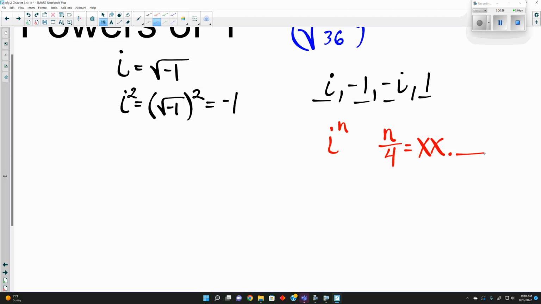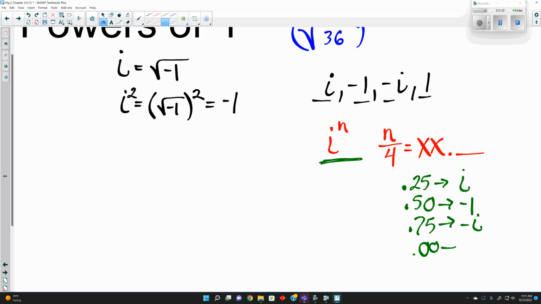Now, if you get a decimal of 0.25, this i to the n is going to reduce to i. If you get a decimal of 0.50, you're going to get -1. If you get a decimal of 0.75, it's going to reduce to -i. And if you get a decimal of 0.00, it's going to reduce to 1.